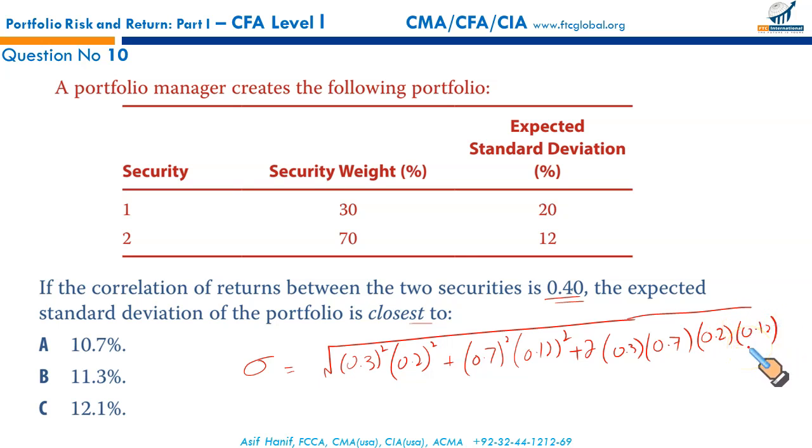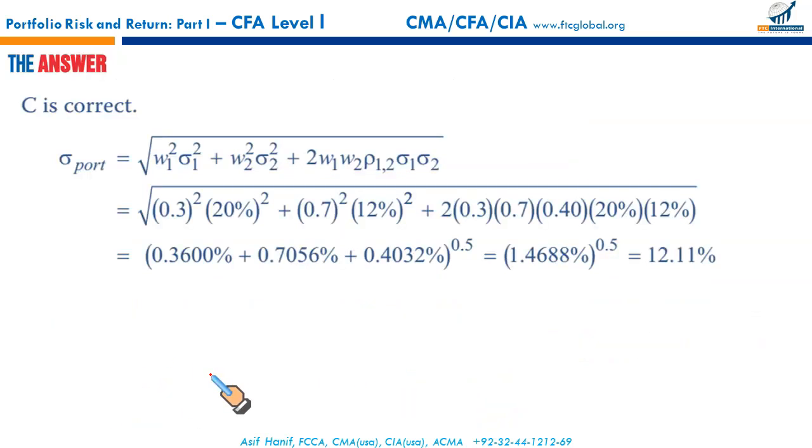So if you do the computation, you will get approximately 12.11%. Straightforward question. You just need to apply the formula, and that makes C to be the correct option.